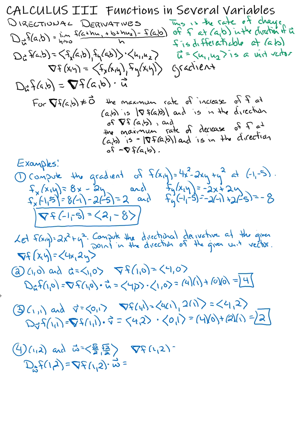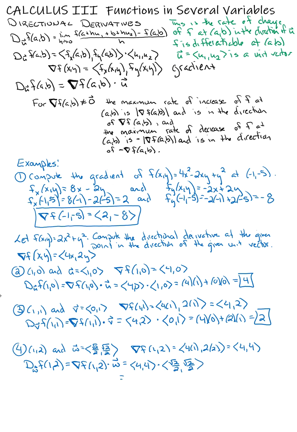Evaluate that at 1, 2, and we get the vector 4, 4. So we'll take the vector 4, 4 and dot it with w, square root of 2 over 2, square root of 2 over 2.